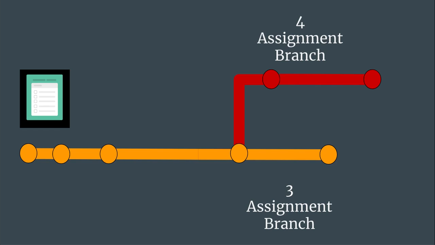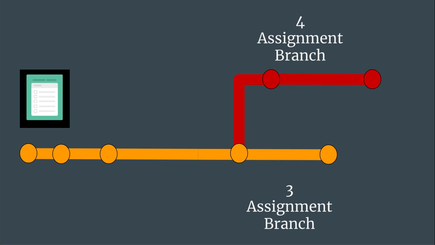So we have a 4 assignment branch and a 3 assignment branch, and this can go on for a long time. We don't have to make any decision at this point. At some point, obviously, this group, these collaborators are going to have to make a decision, and when the time comes, Git is going to help us merge or take care of those decisions that are made.